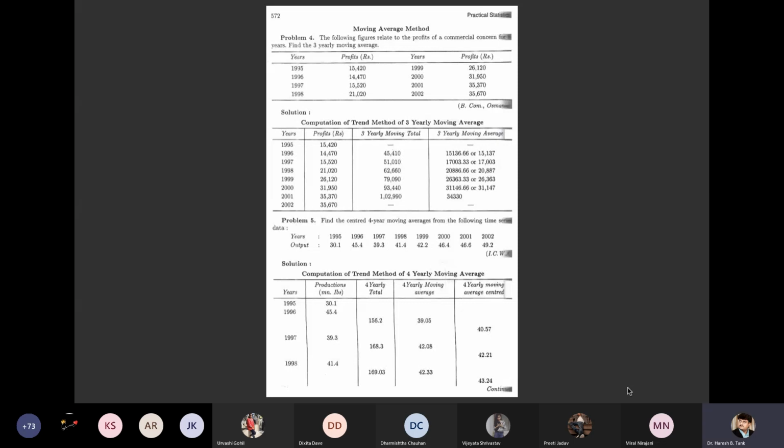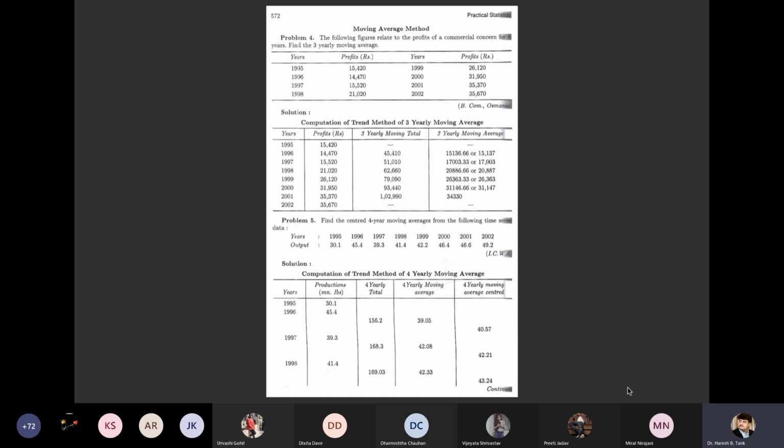What is to be written in this case? In the 3 yearly moving total, we have to make a bunch of 3 years. So 1995, 96, and 97. The corresponding profits are 15,420, 14,470, and 15,520. You have to add these three and write it against what is in the middle. In the middle it is 1996.